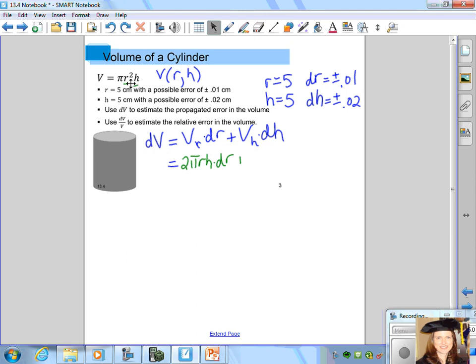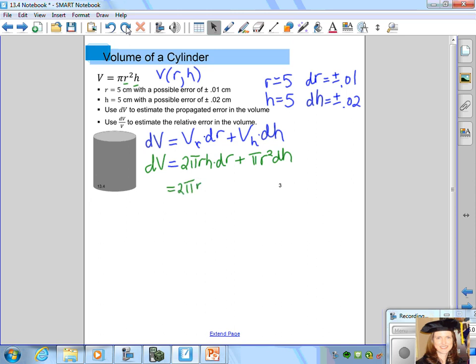You treat h as a variable and r as a constant. So the derivative of this constant times h is that constant times your differential height, dh. So now this is our total differential dV. We're going to plug in the values that r and h should be along with the differentials of r and h.